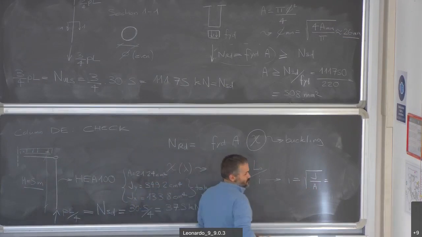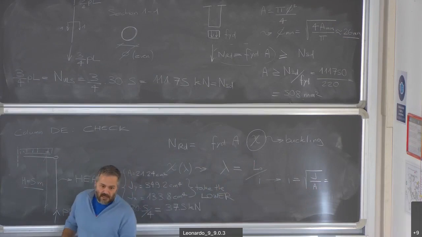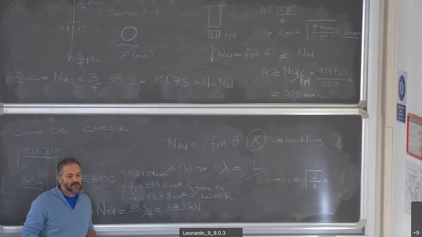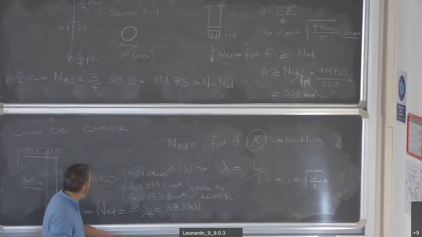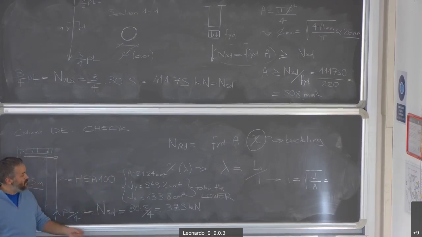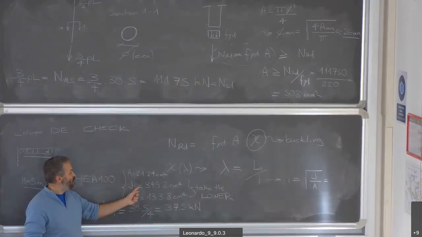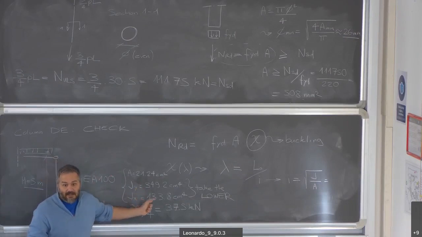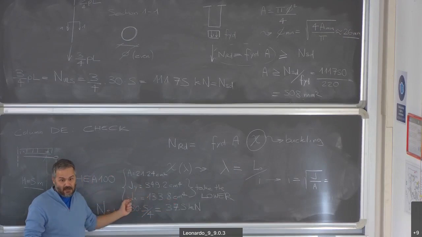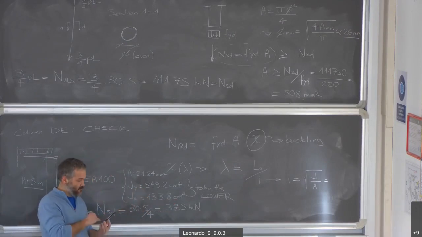Don't we need less slenderness? No, less slenderness means lower risk of buckling. We are not designing, we are checking. To put it in other words, we're taking the worst case scenario. If I have such second order moment of area, will this govern buckling or will this govern buckling? Clearly, the weaker link will govern buckling.